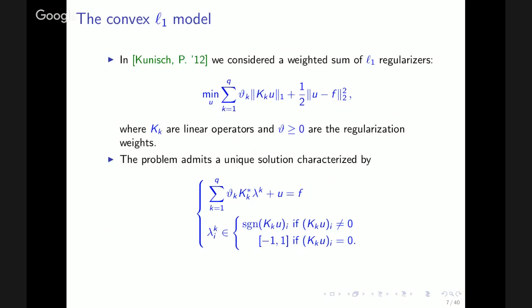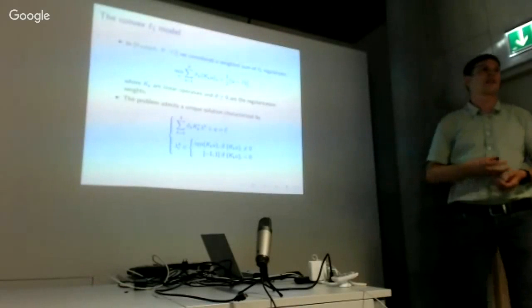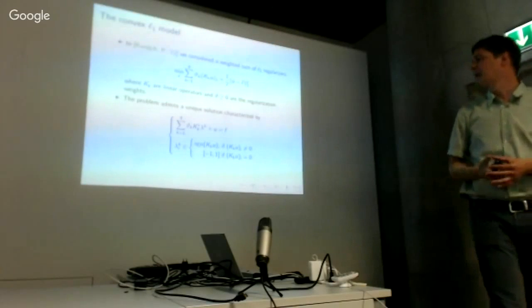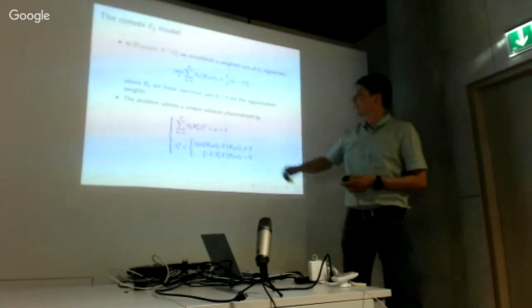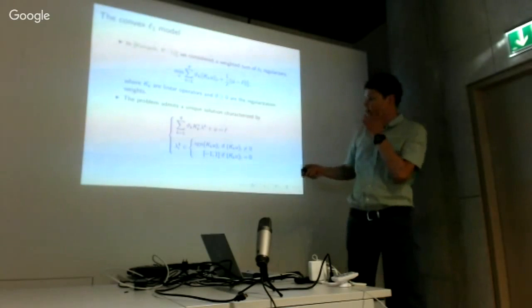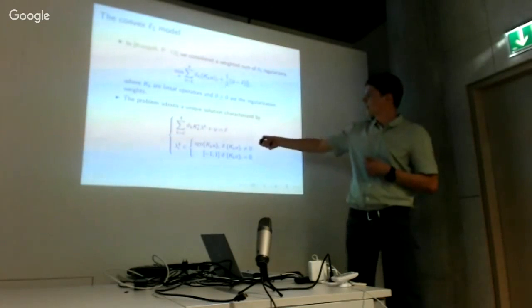This is, from an optimization point of view, an easy problem because it's convex. You have the sum of L1 norms and the squared 2 norm. It's a convex problem. It's non-smooth because the L1 norm is non-differentiable, but since the data term is strongly convex, it admits a unique solution, and the optimality condition can be written like this. So here you see actually a nice structure. On the right-hand side, you have the noisy image.